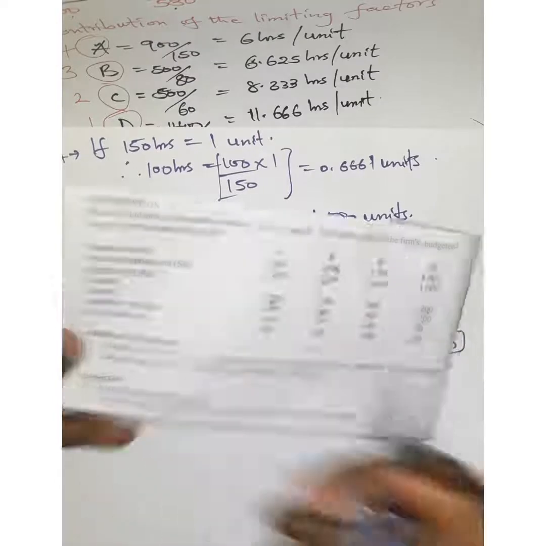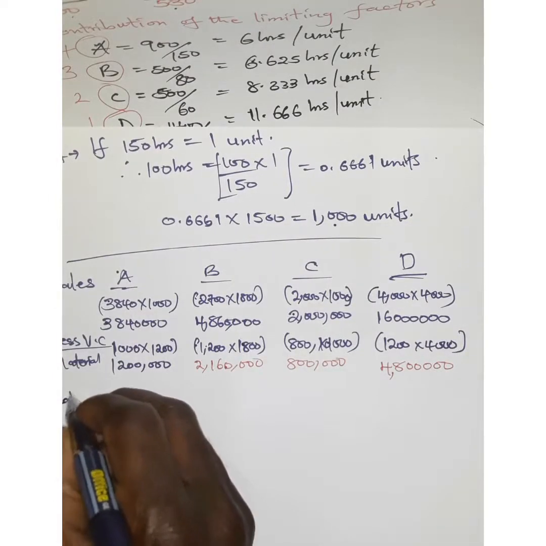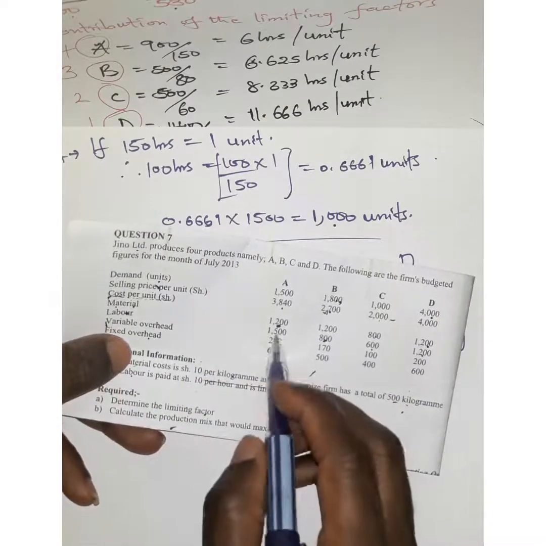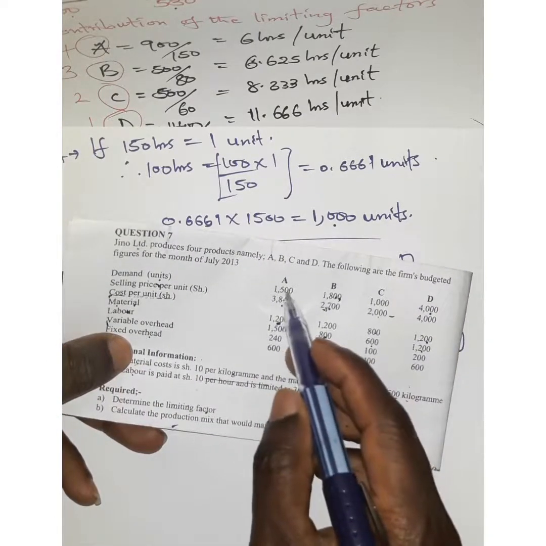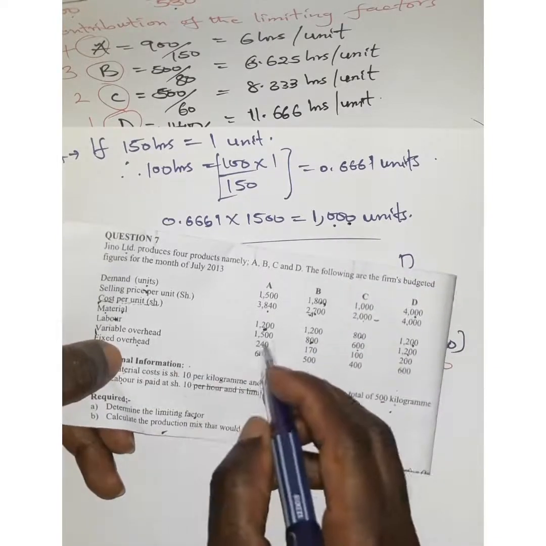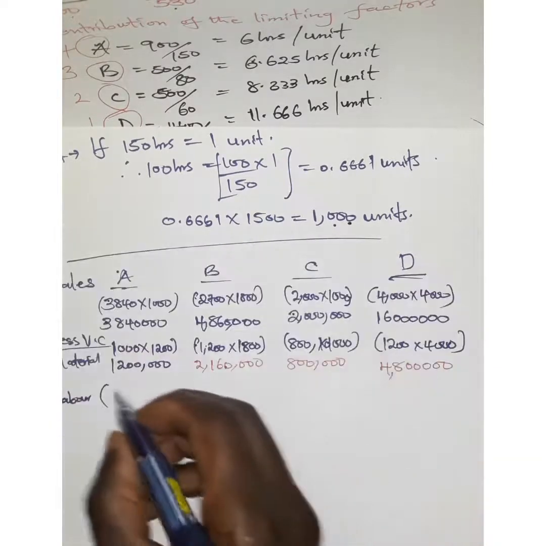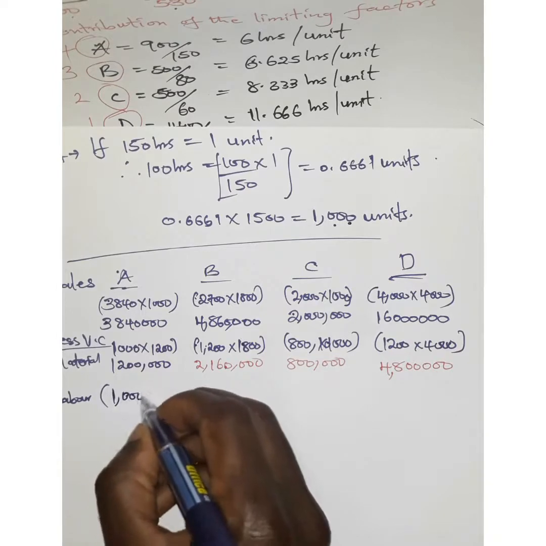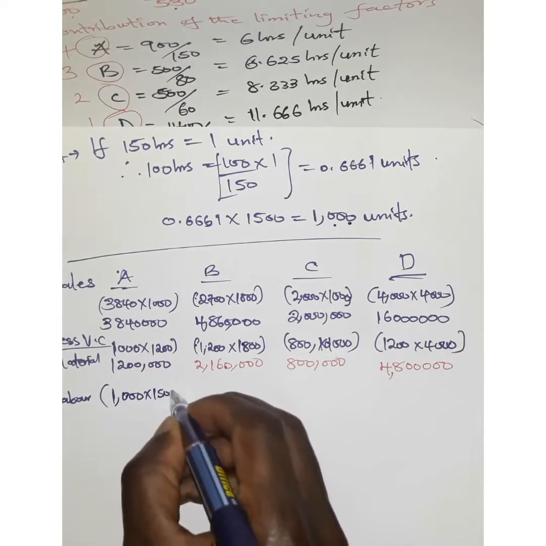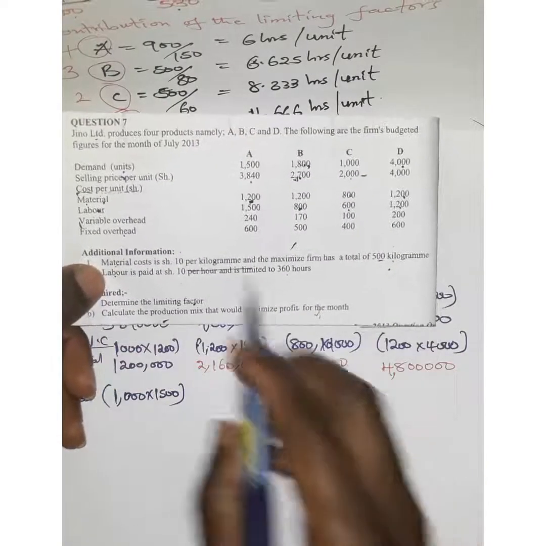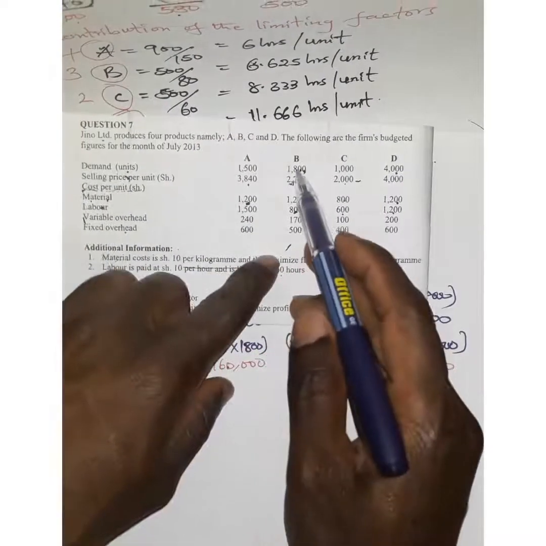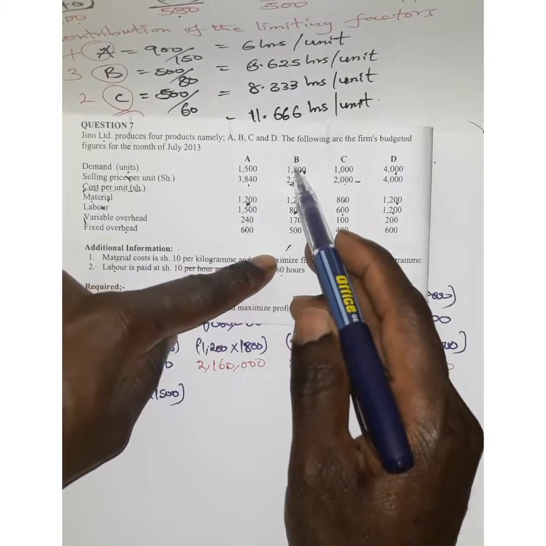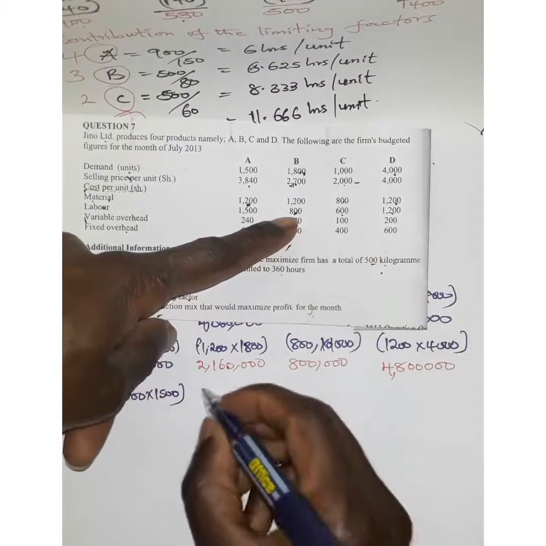Then now we go again to another variable cost, which is labor. Again, labor for A, it's supposed to be 1,000, not 1500. 1,000 units times 1,500. For B, it should be 1,800 times 800.